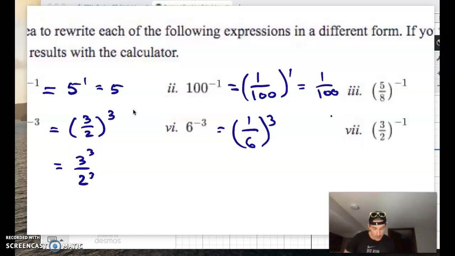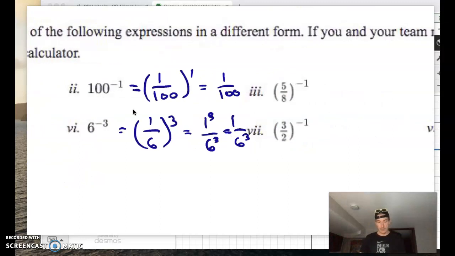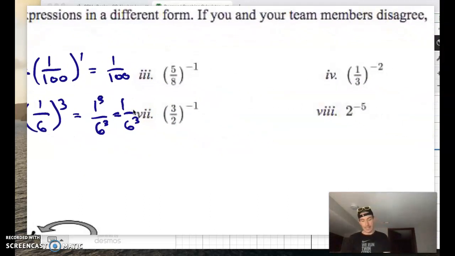And if I wrote this as 1 to the third over 6 to the third, well, 1 to the third doesn't really do much, so I could just write it as 1/6 to the third. And I can continue here. A negative exponent just effectively takes that reciprocal.